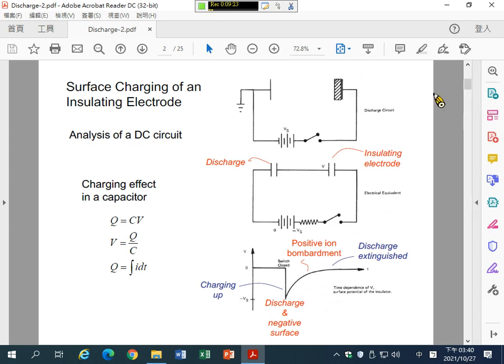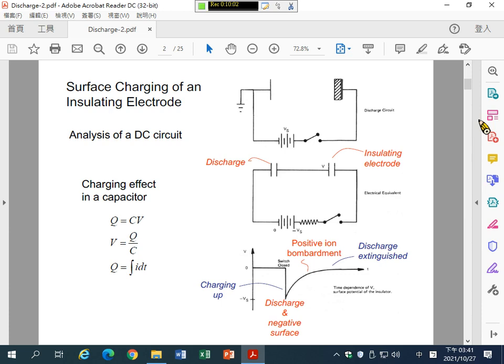Right side is the cathode, left side is the anode. Okay, so based on a basic capacitive effect, we can calculate the amount of electrical charge on the surface of the insulator. So the surface will be charged up, and the total amount of charge is Q on the surface, and Q equals the capacitance times voltage.